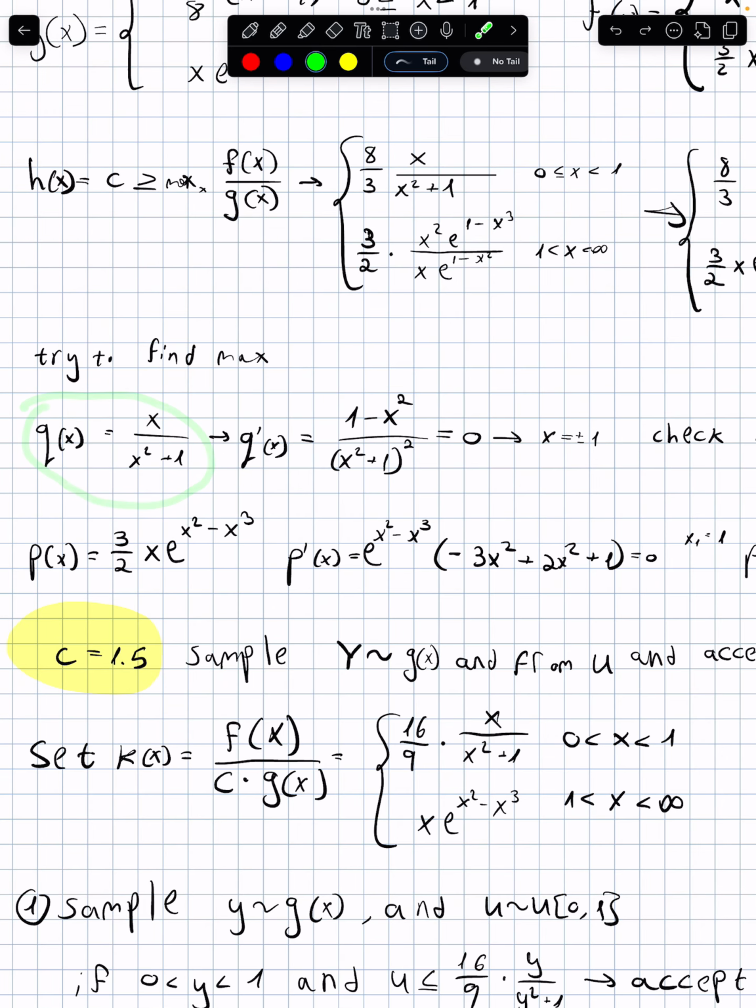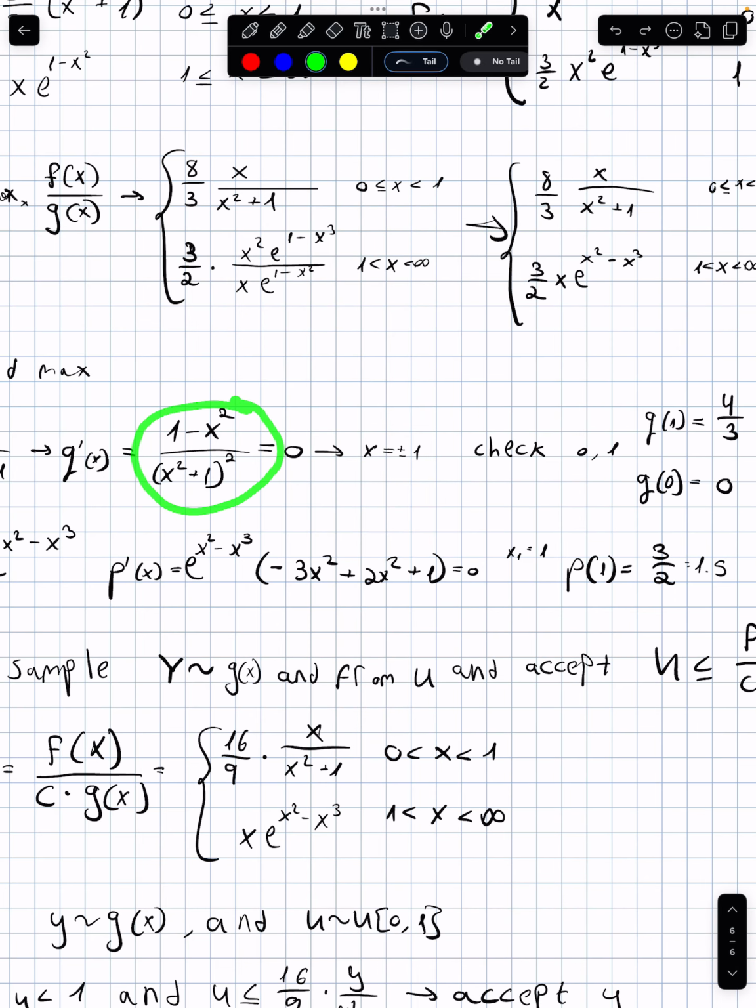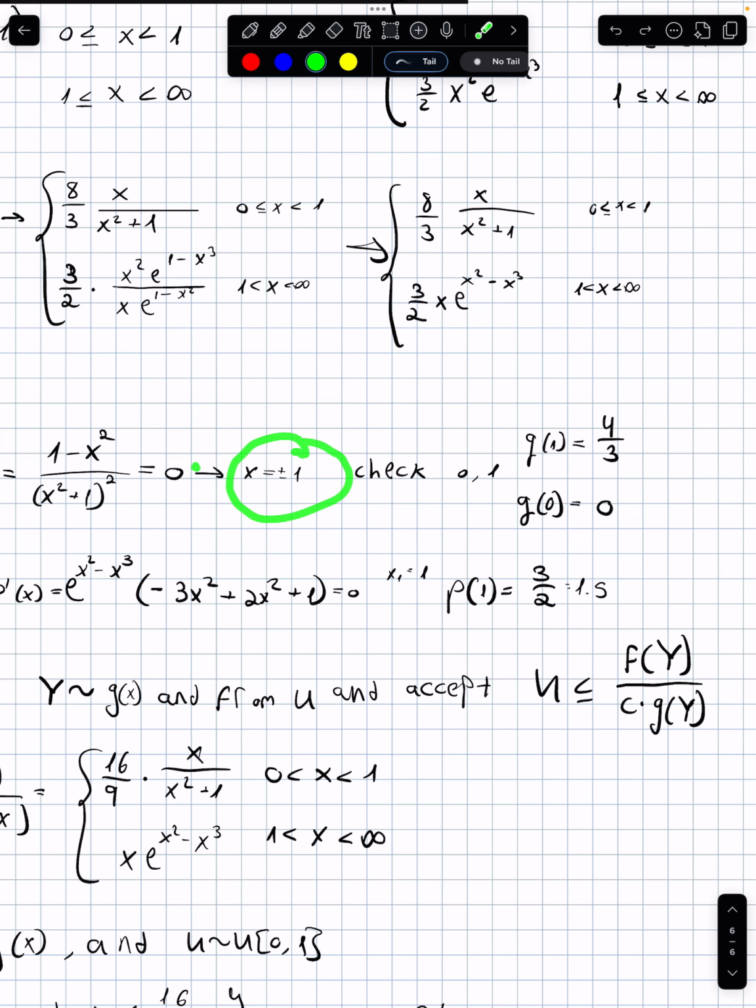So q of x will be this area, and then I try to find where the derivative is 0, and I saw that when I do 1 minus x squared equals 0, I will get x squared equal 1, meaning x will be plus minus 1.